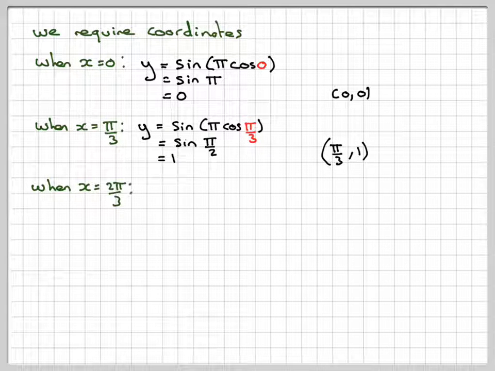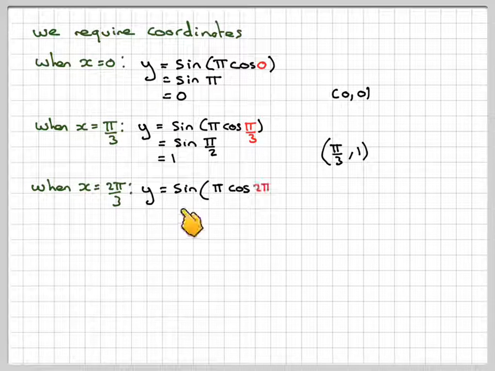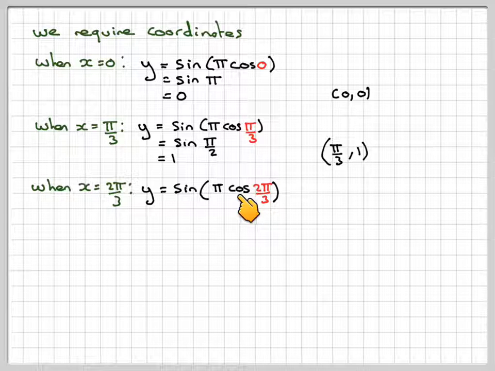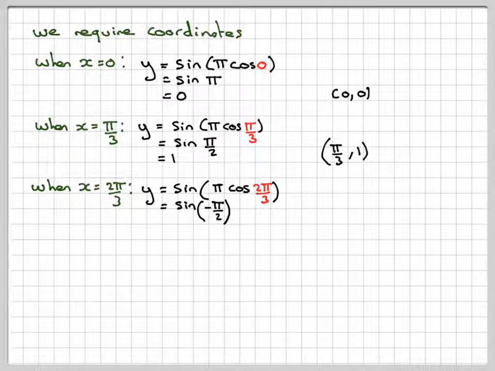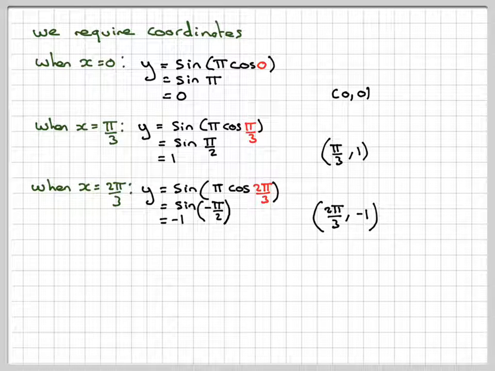And when x is equal to 2 pi by 3, we're going to get that y is sine of pi times cos 2 pi by 3. Now cos of 2 pi by 3 is equal to minus a half. So we're going to have now sine of minus a half of pi, or minus pi by 2, which gives me minus 1, so 2 pi by 3, minus 1.